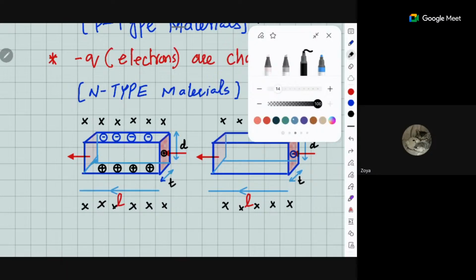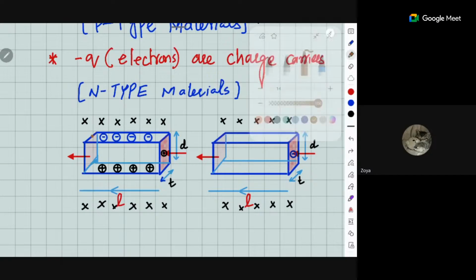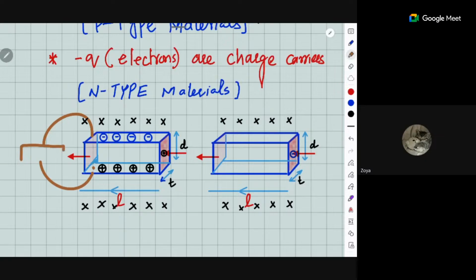So the voltmeter will give you certain values. So what would be the voltages, or you can say the polarity of the voltages? Let's say I'm just considering a simple value. For example, you have connected a digital voltmeter, and that digital voltmeter is giving you positive 0.2 millivolts. Got it? Are you getting my point?